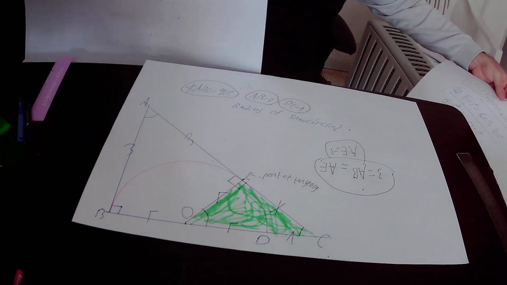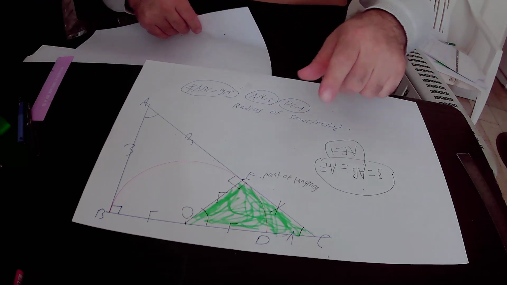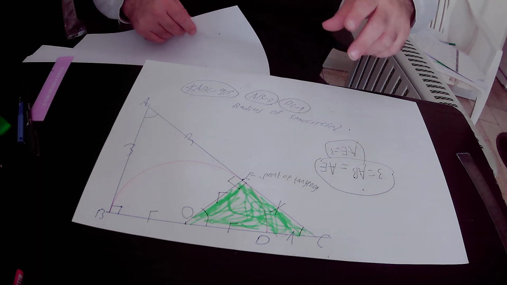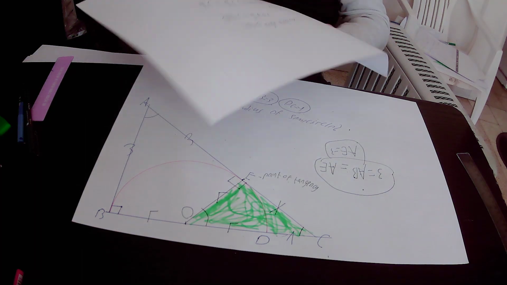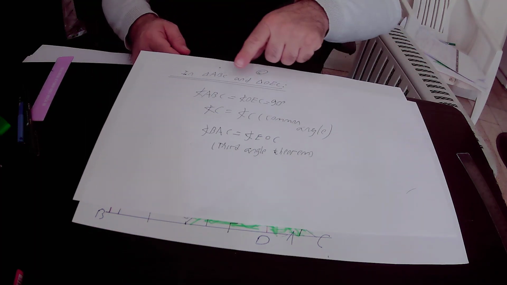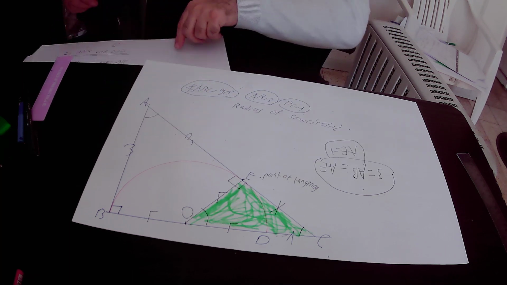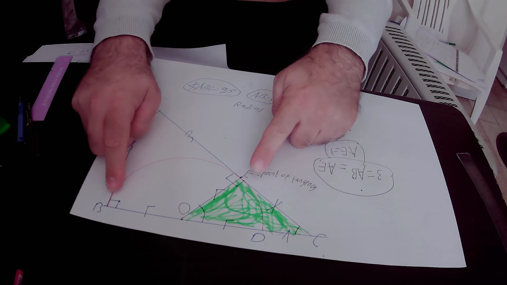Then we focus on the big right triangle, triangle ABC, and on the small green right triangle, triangle OEC. And we actually prove that those two triangles are similar to each other. Why? Because we have angle ABC equals angle OEC equals 90 degrees. Those two angles are equal to each other, they are both right angles.